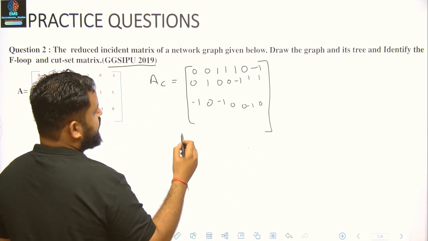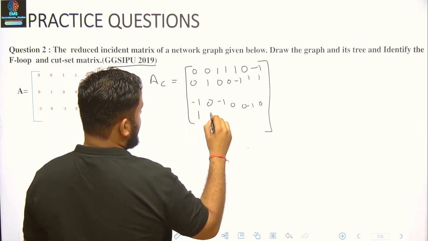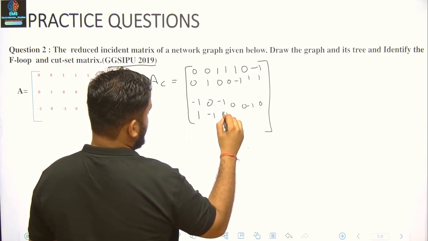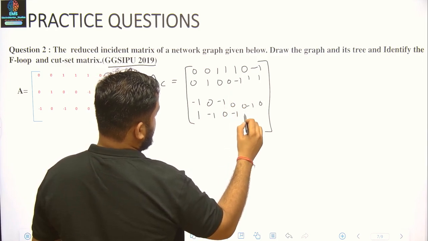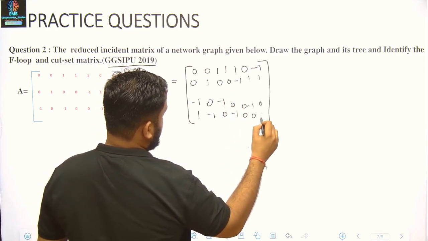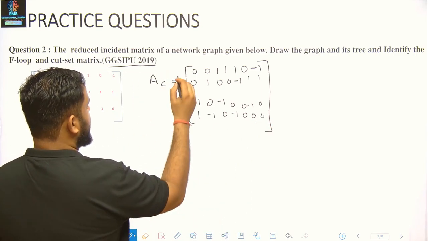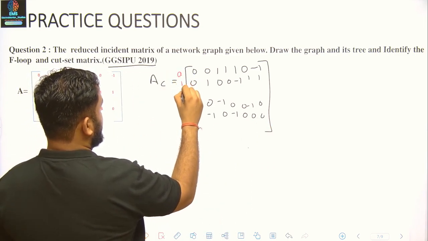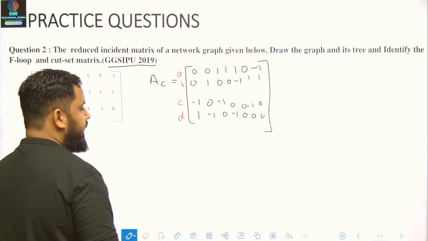To complete this, we need plus 1, minus 1, we don't need any branch over here, minus 1, 0, 0, and 0. So let us consider this as 4 nodes, A, B, C, D.